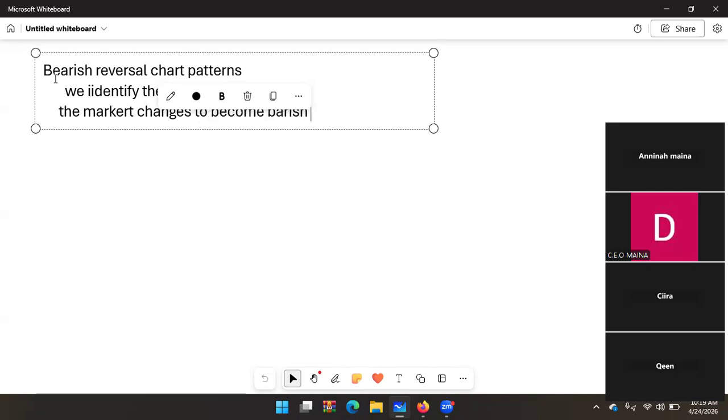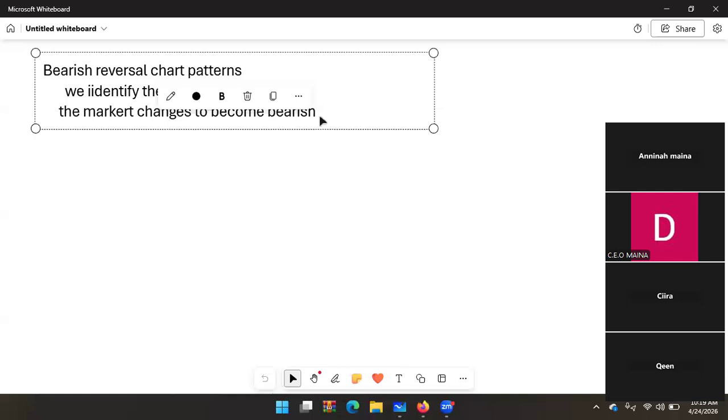Because for these reversal chart patterns, we name them according to the trend that they are about to take. Meaning, for example, bearish reversal, we said we identify them on a bullish market. After identification, the trend changes to be bearish.